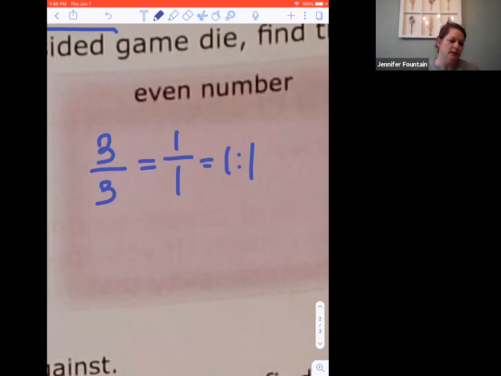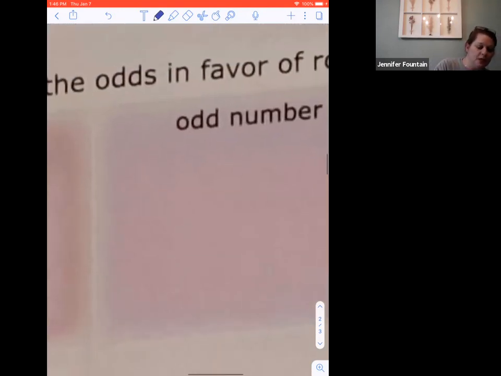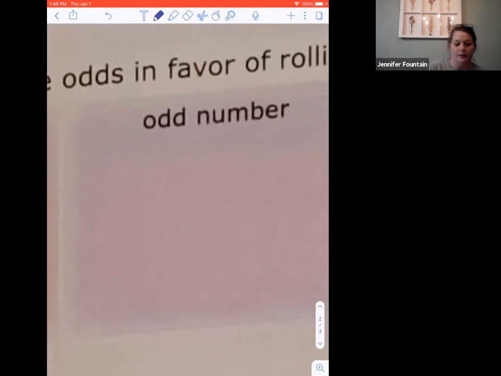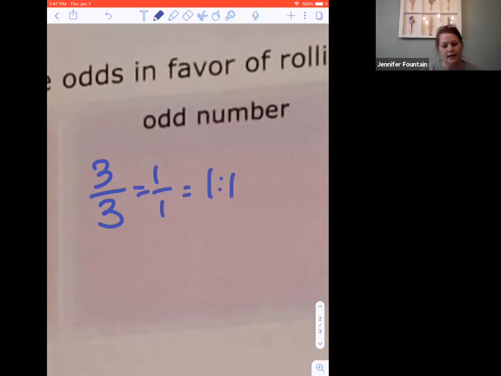That would be probability. And then, sorry, now an odd number, I'm going to do the same thing. We looked at that earlier and we saw that the probability was the same. So here with an odd number, I have 3 out of 3, or 3 to 3, which reduces to 1-to-1. So I can write that like that.